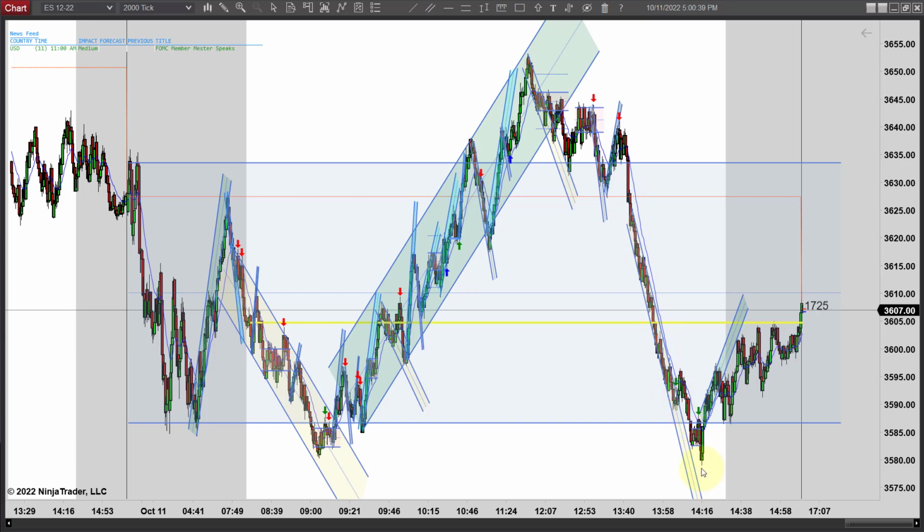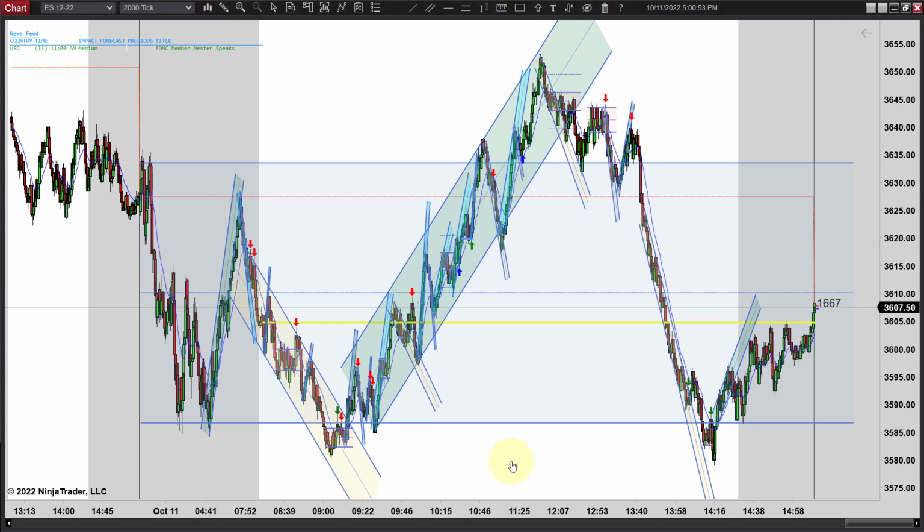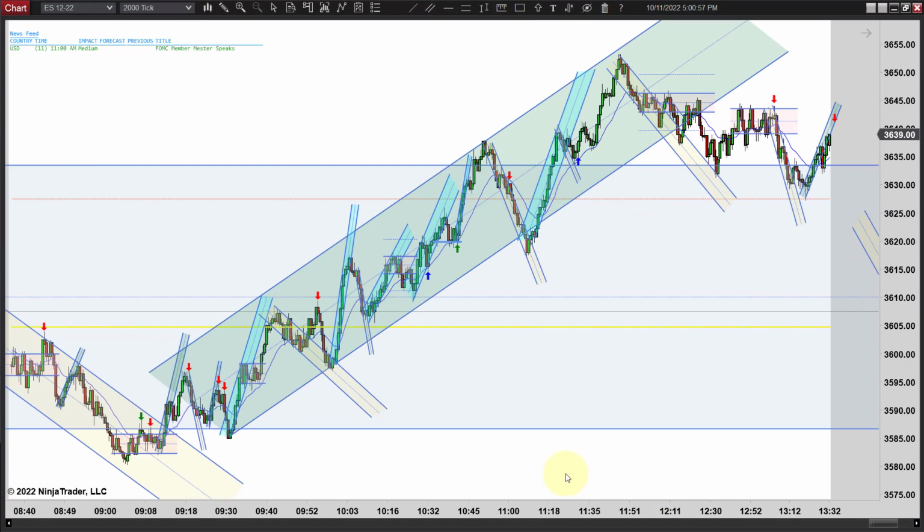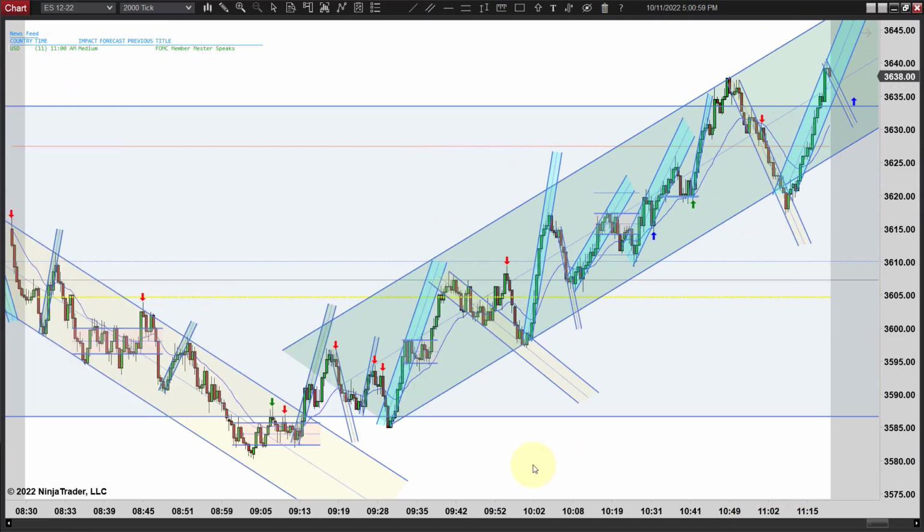It runs all the way back down, actually makes a new low for the day, and we bounce some into the close. Not a whole lot, but we did bounce. So still a lot of trades today. Let's zoom on in and we'll go through those trades.